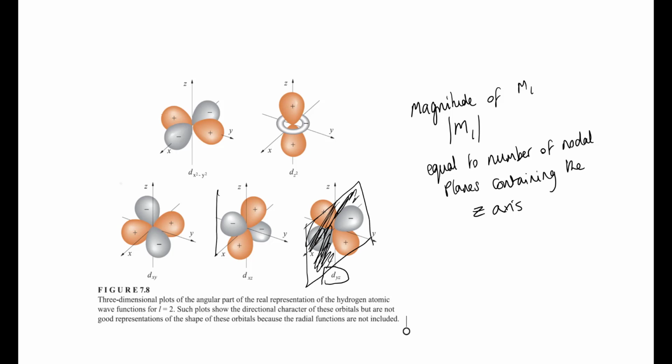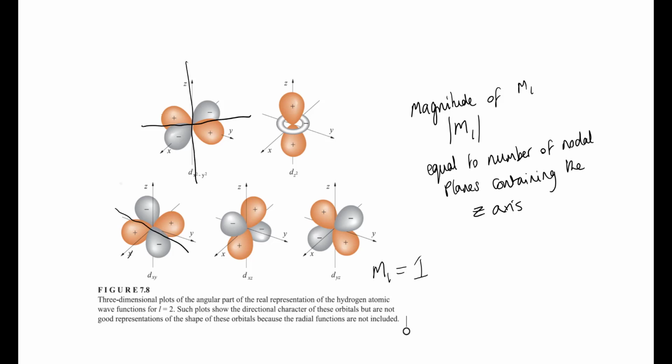There's a similar nodal plane for the d sub xz orbital. So there's only one nodal plane in each of these cases, so these particular wave functions are associated with m sub l equal to 1. You can easily see that there are in fact two nodal planes for the two orbitals shown on the left hand side.